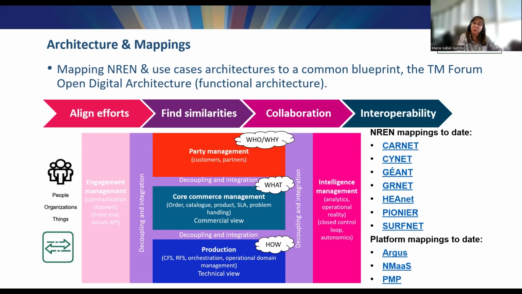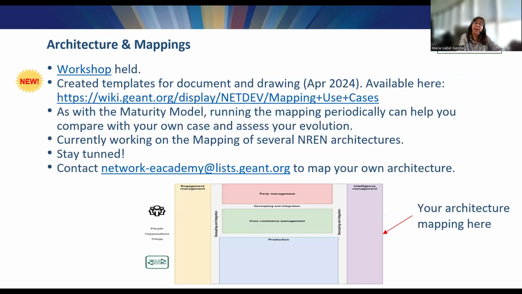We have also mapped some platforms in the GÉANT project, like Argus, NMAS, PMP, and we have a document with some standards and some standardization bodies which have an architecture, and we have also mapped these architectures to the TM Forum Open Digital Architecture. For architecture, we held a workshop in April, and we created a template for the document and a template for the drawing.